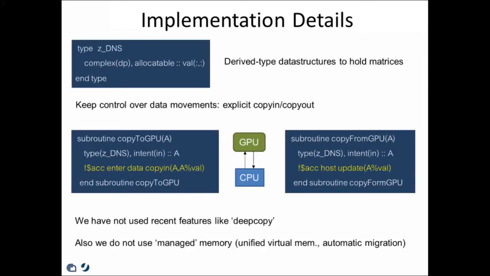Going a little bit more into the detail of the implementation, our dense matrices are already wrapped in derived types. I'm talking about Fortran, and they are wrapped in derived types. I didn't write all the other, but the main thing is this. The reason is that we are symmetric also with sparse and CSR matrices.